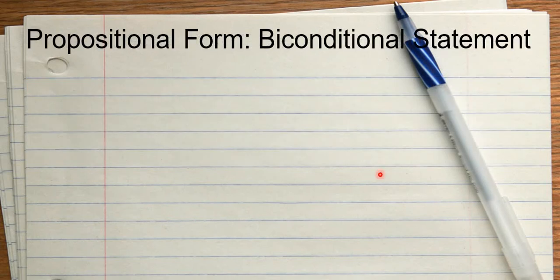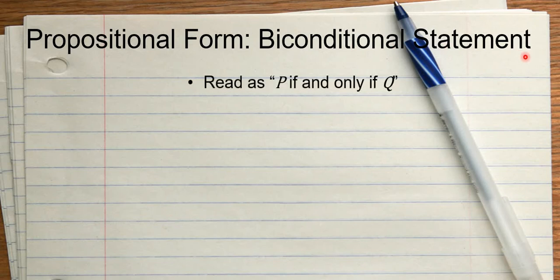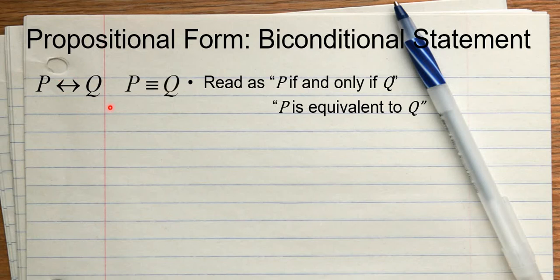And the last of our propositional forms is the biconditional statement. It is read as P if and only if Q, or P is equivalent to Q. We have this symbol here, a double arrow, or we can use this one, which is a symbol of equivalence.